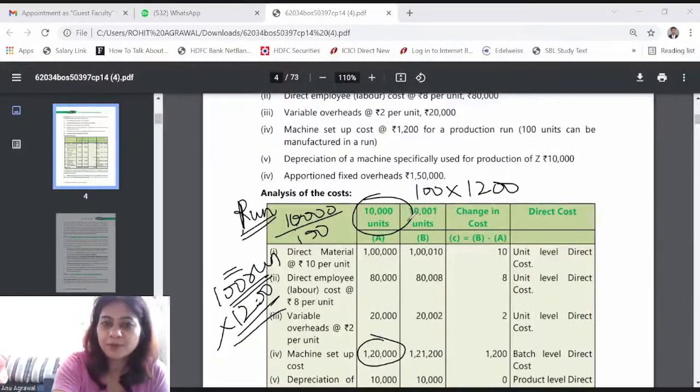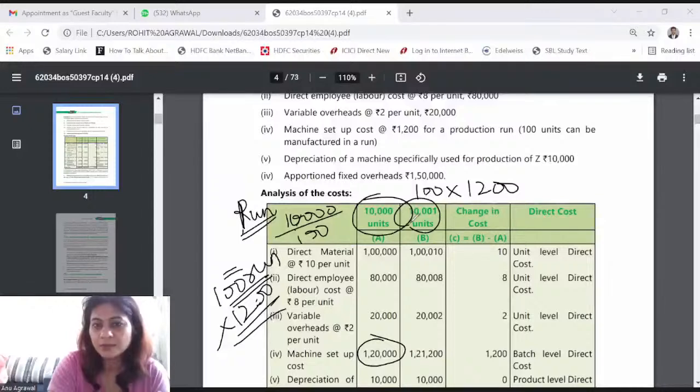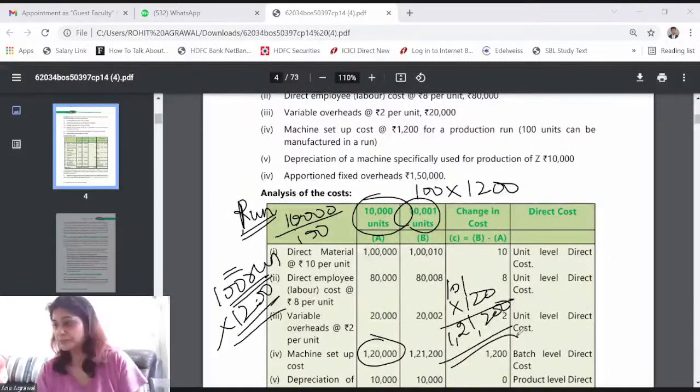But if you're going to produce 10,001 units, you have to do one more run, because the expenditure is per run, not per unit. That means the number of runs will become 101. 101 into 1,200 is 1,21,200. I hope I'm clear, Ria.